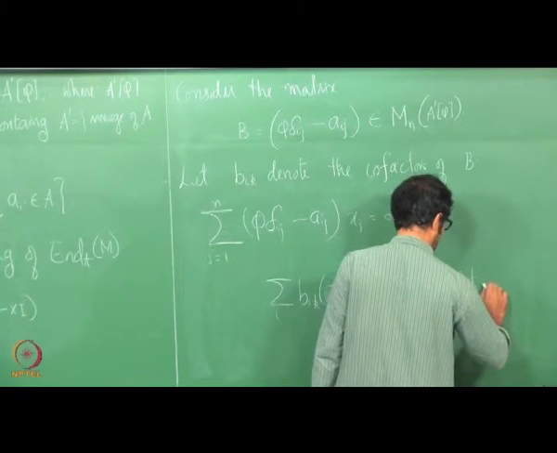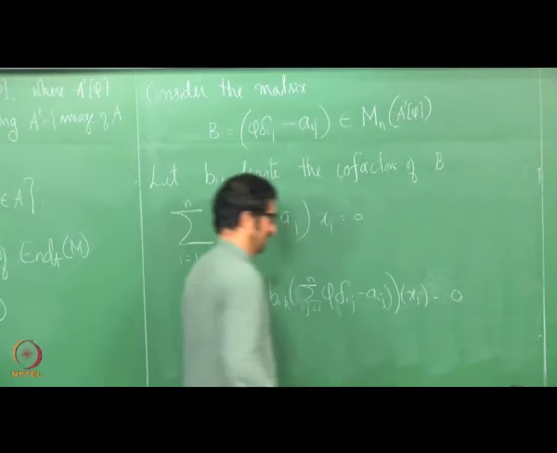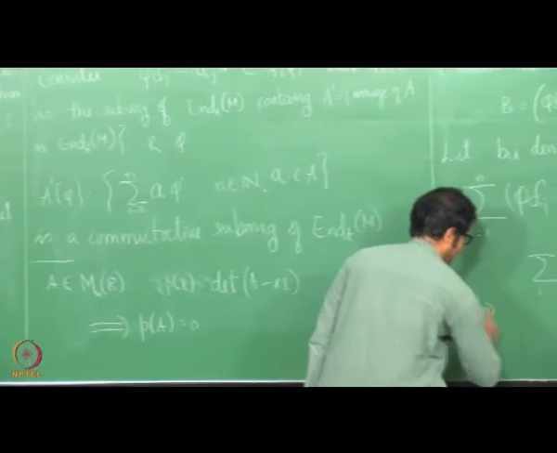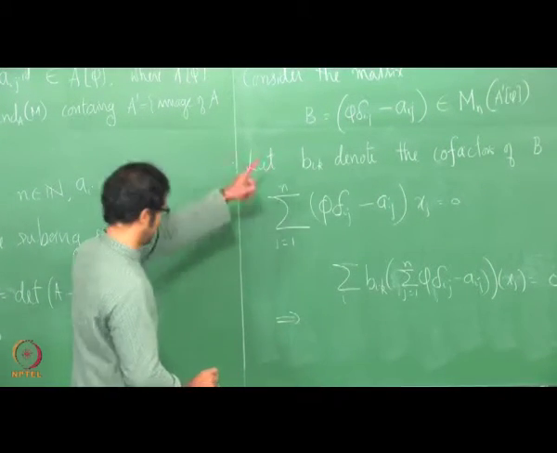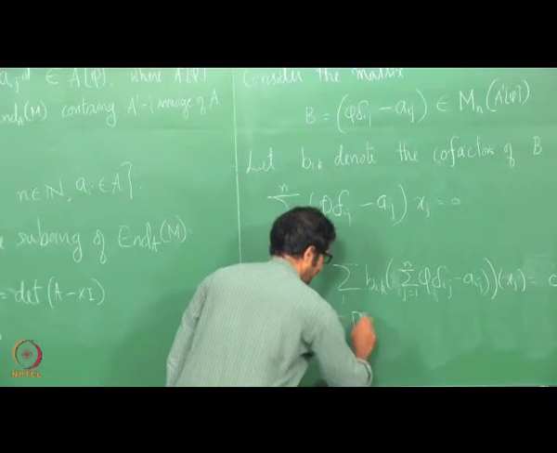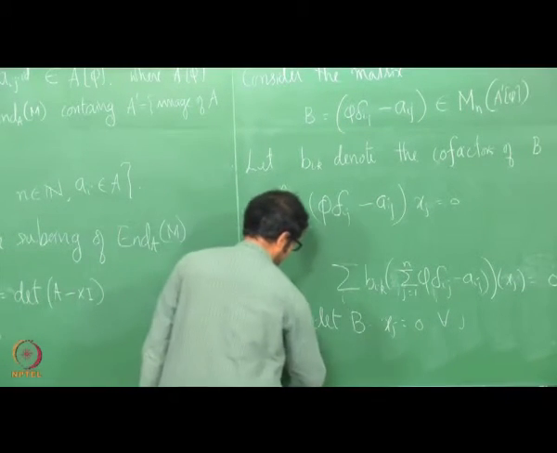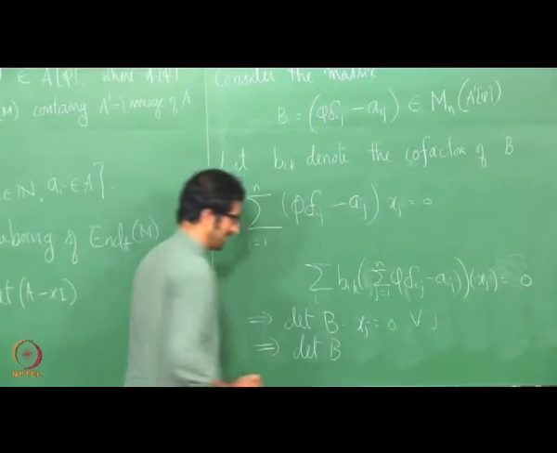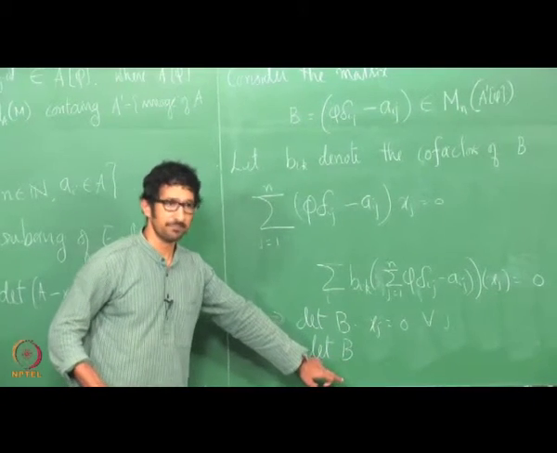So this acting on any x_j is 0, and if you expand, what you get is the determinant of B acting on x_j is 0 for all j, and that would imply that the determinant of B, as an element in A[φ], is 0.